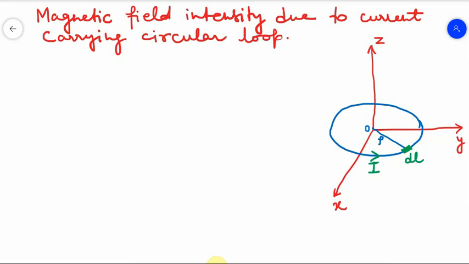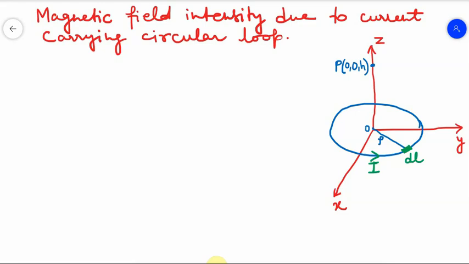Let us consider that at this point P, whose coordinate is 0, 0 and h, because it is lying on the z axis, so obviously x and y coordinates will be 0 and the z coordinate is h, at this point P we have to calculate the magnetic field intensity due to this current carrying circular loop.